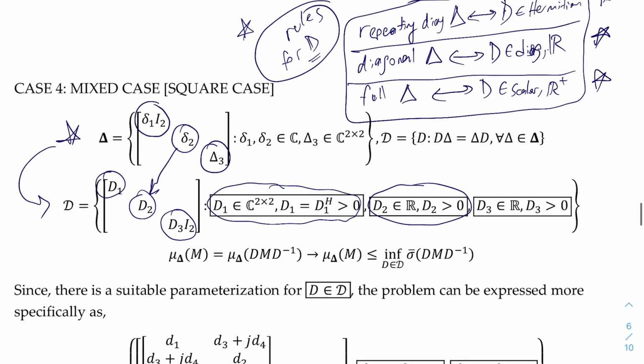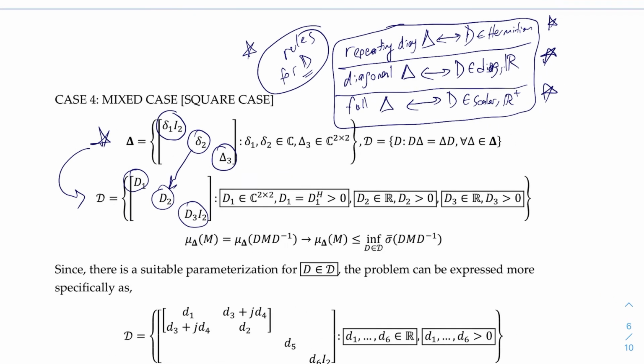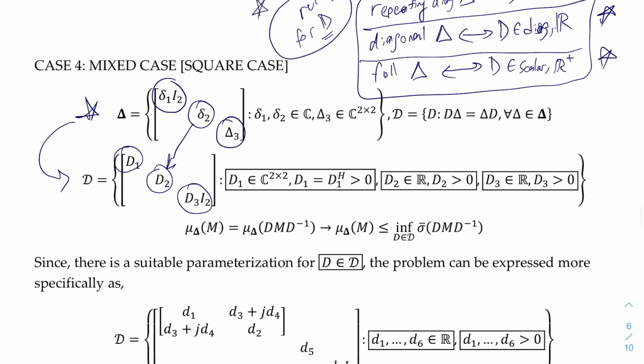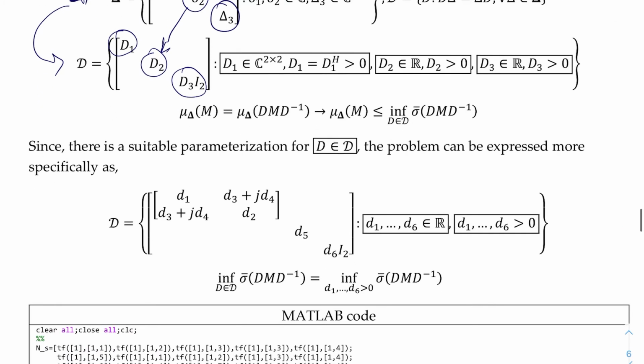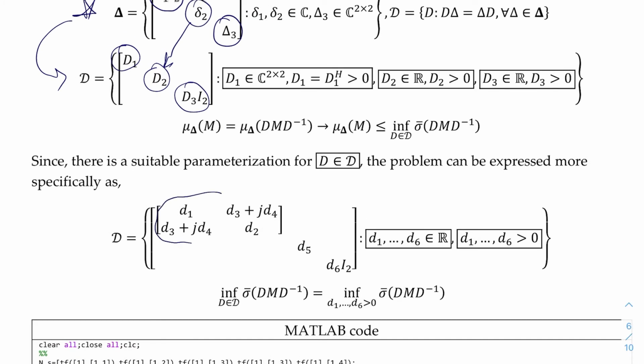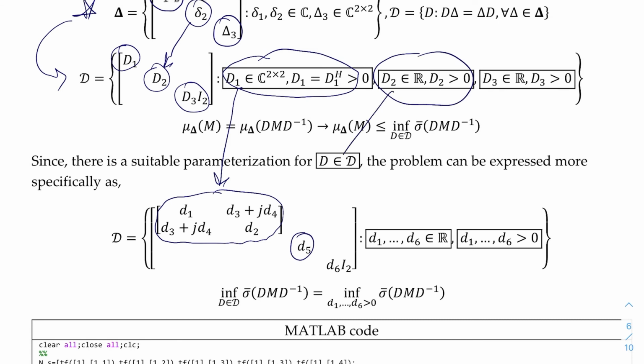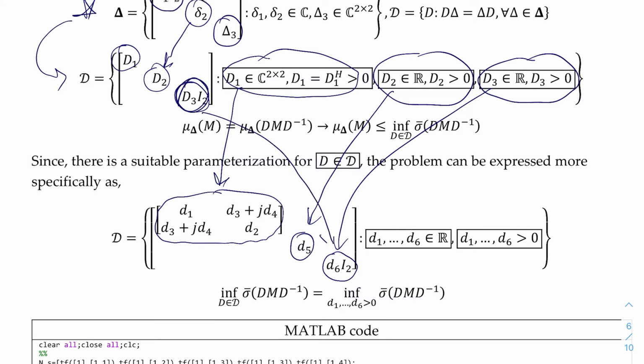Now we have the structure of our D set, and we will go one step further and try to parameterize it. Again, like in the previous problem, this is a 2 by 2 Hermitian parameterization, and this is for just a real and positive number, and this is D6 times identity.